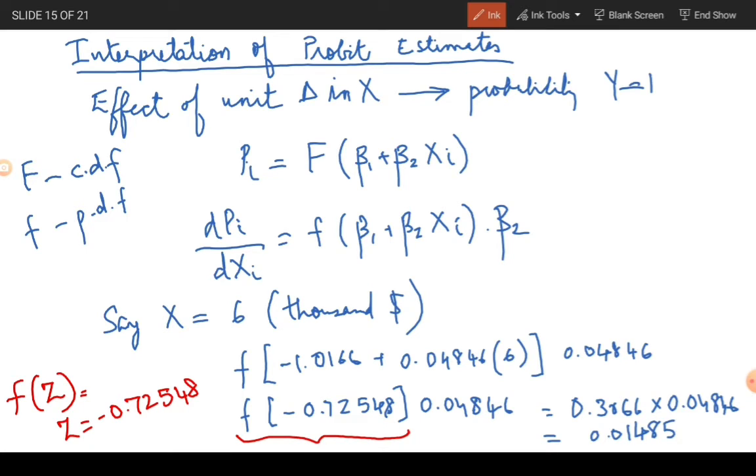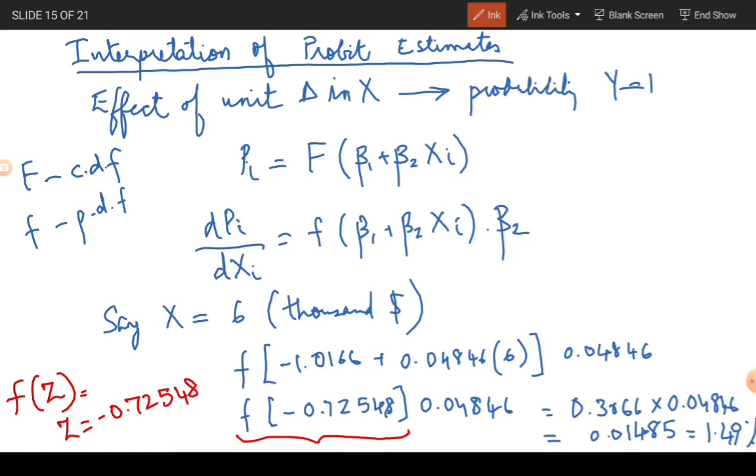So what this means is, at an income level of x equal to $6,000, since the units of this table are in thousands of dollars, you will interpret this as saying at family income levels of around $6,000, a unit change in income, that is, if the income goes up by 1 unit, which means the income goes up by $1,000, the probability in favor of owning the house where you live in will go up by 1.49%.